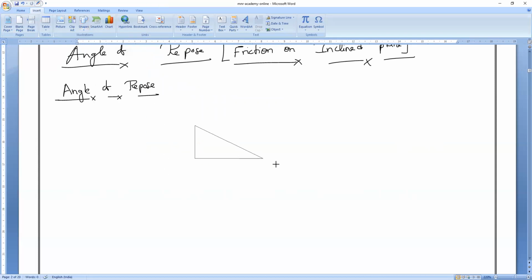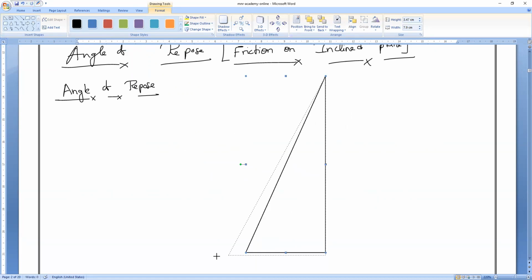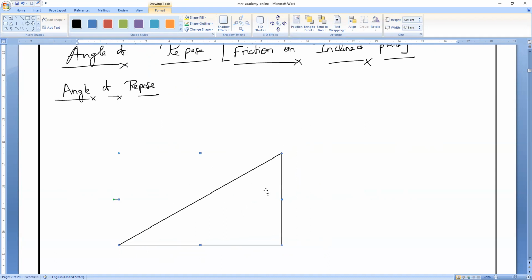So we all know that if I take an inclined surface, let me rotate it and extend it. This is what we all know as an inclined surface.